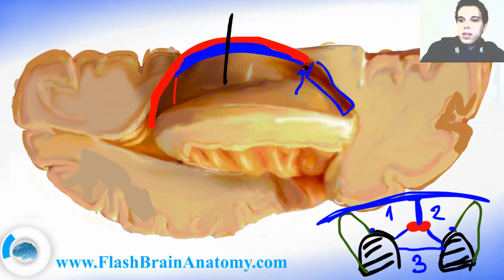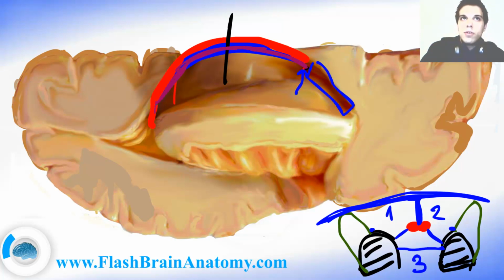Now if we go back to the cella media, there is just one thing I missed out, and I want to show you that again. Right here on the tela choroidea, there is a choroid plexus. It is a plexus created of modified ependymal cells.